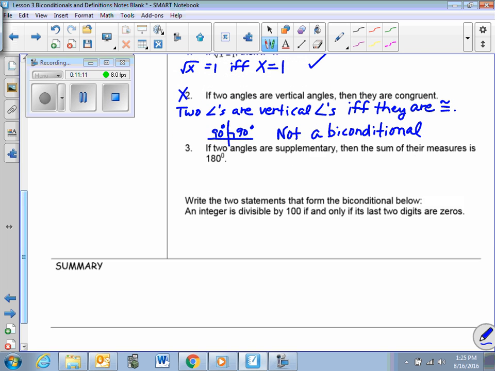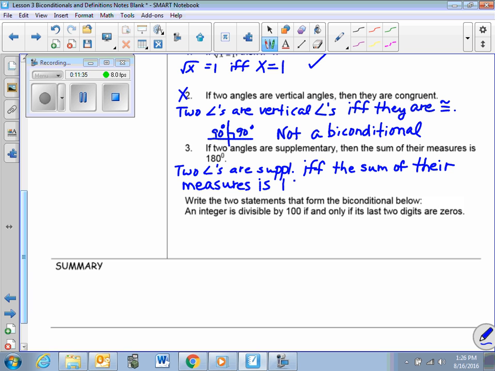How about the last one? If two angles are supplementary, then the sum of their measures is 180. Two angles are supplementary if and only if the sum of their measures is 180 degrees. A lot of writing in this unit, sorry about that.